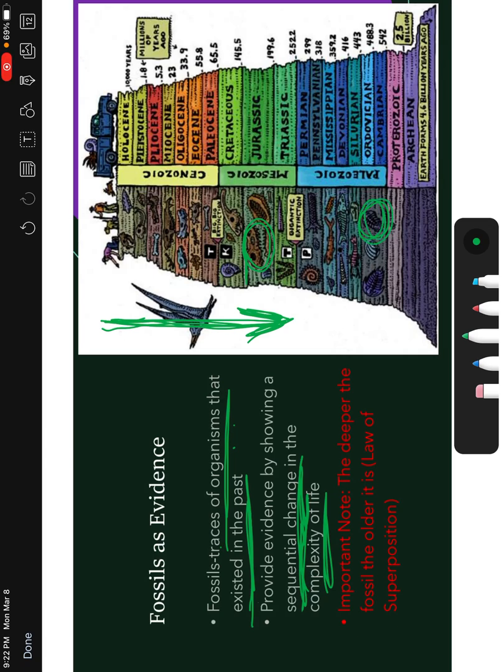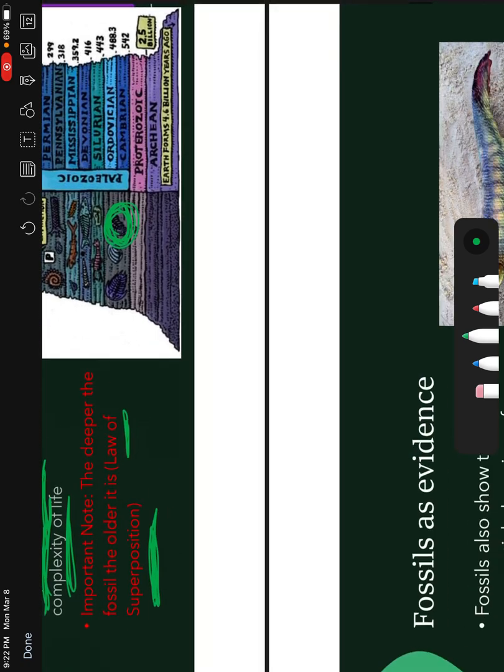That T-Rex head would actually be younger than this trilobite that is down here. The trilobite would be older than the T-Rex. This idea is called the law of superposition, where the deeper you go, the older the fossil will be. It's not an overly complex law: the lower it is, the older it is, and the higher up it is in the earth, the younger it is.